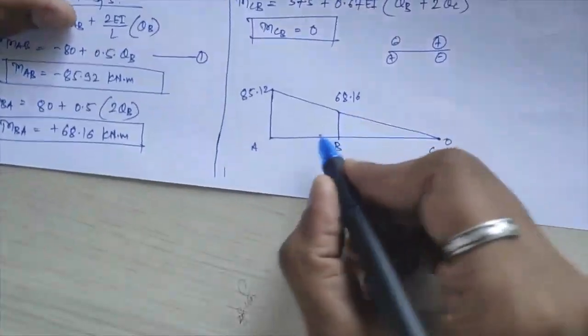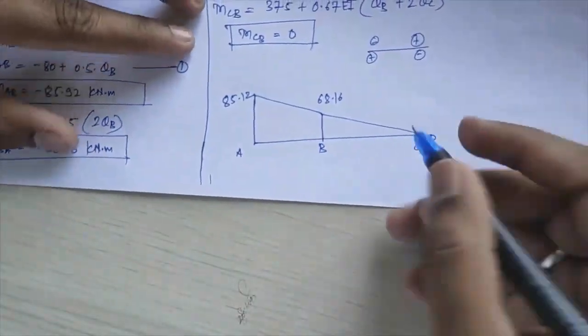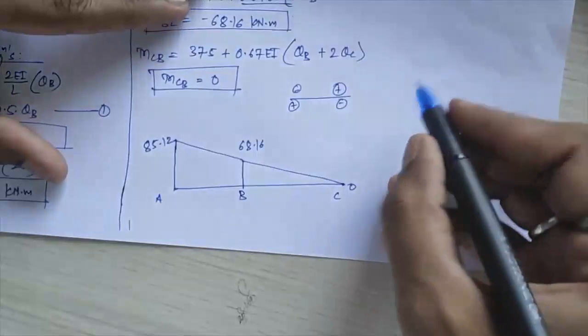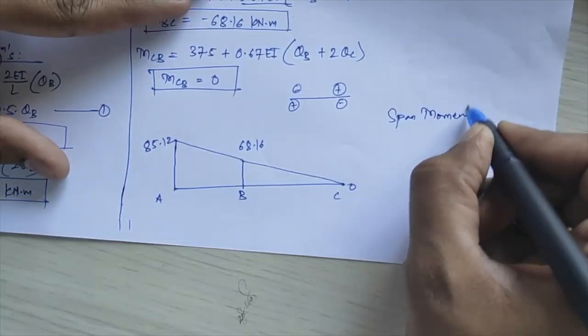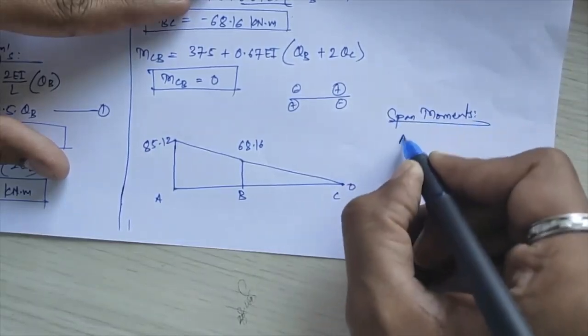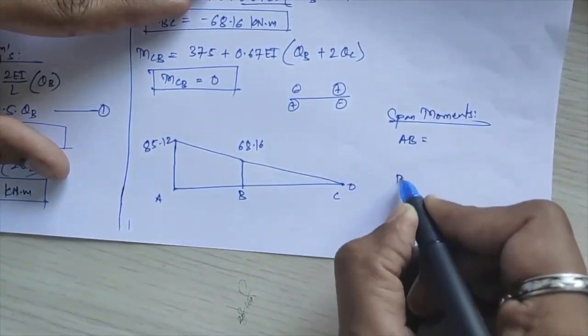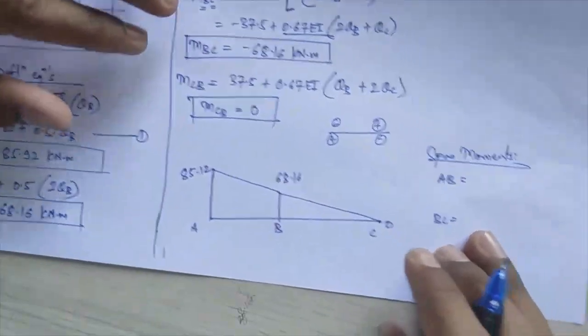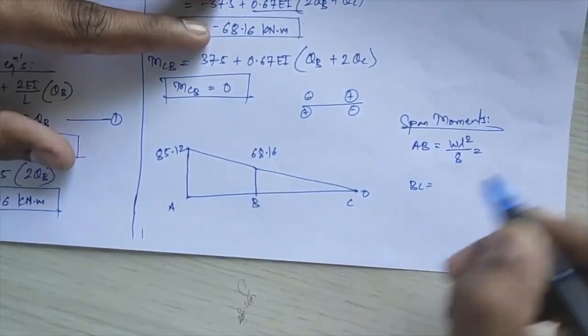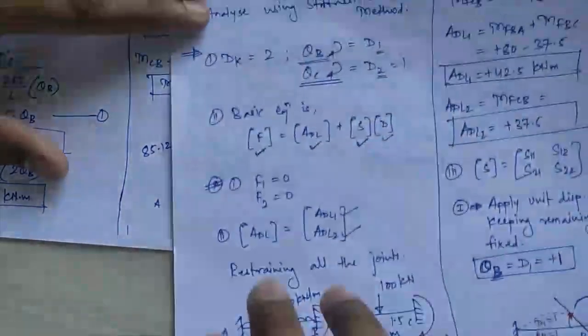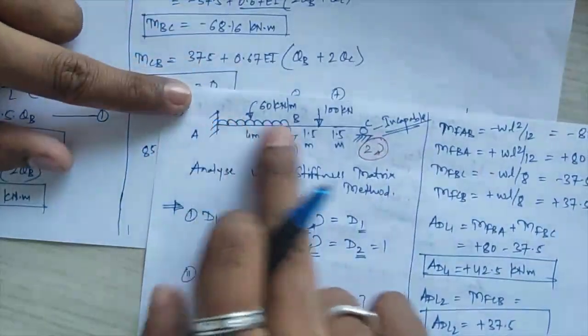Now these will be your support moments. We'll plot the span moments over there. So we will calculate the span moments first. In the span moments, first is AB and second is BC. In AB, a UDL is provided, so that will be WL square divided by 8.